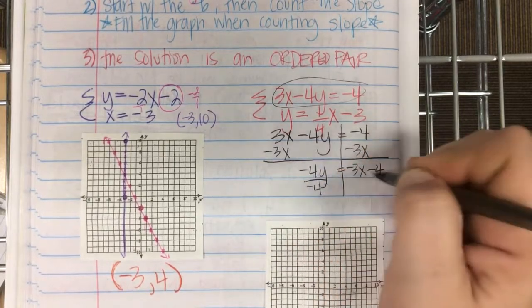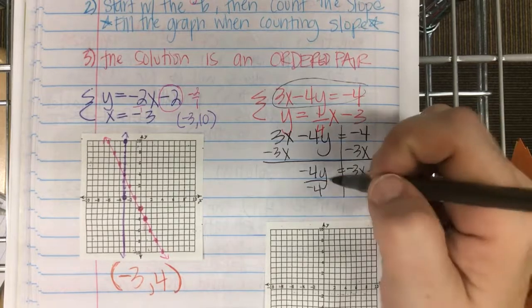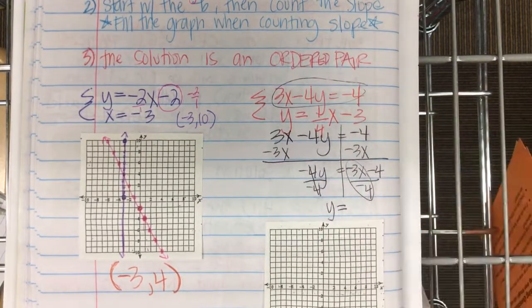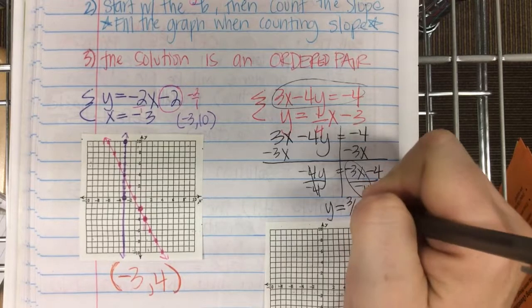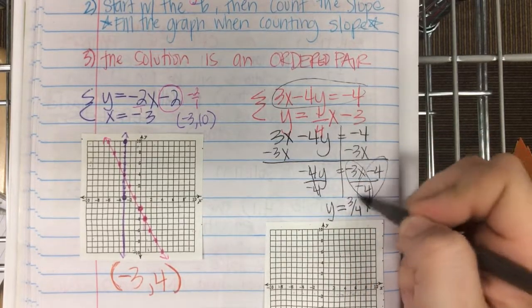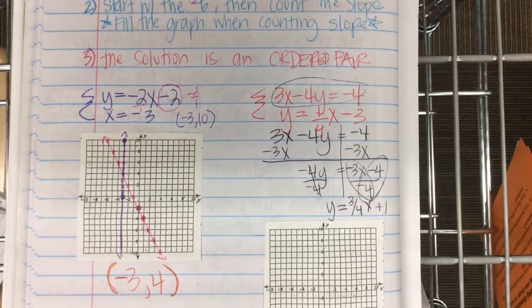Divide by negative 4. These are both negatives. Y equals negative 3 divided by negative 4 is positive 3/4 x. And negative 4 divided by negative 4 is positive 1.